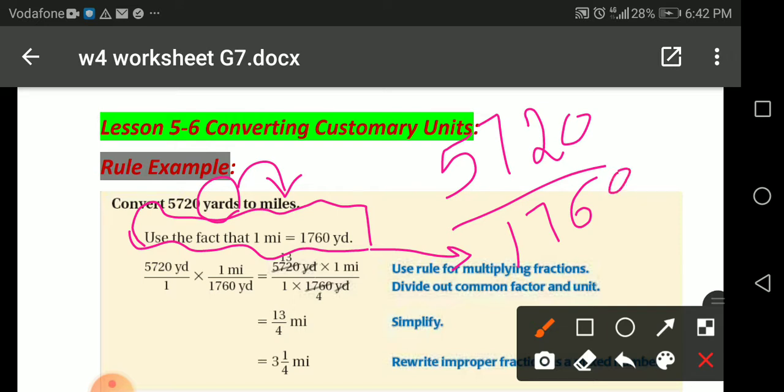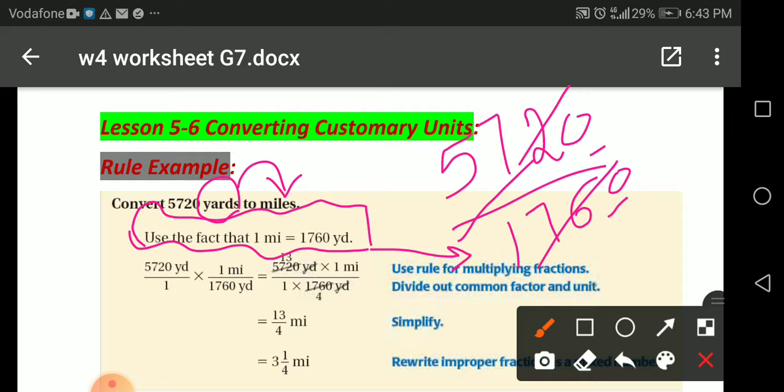Okay, so how can we do so? Let's figure out together. First of all, I want to simplify. Simplify means divide. We have a 0 and a 0, so we're going to divide by 10.